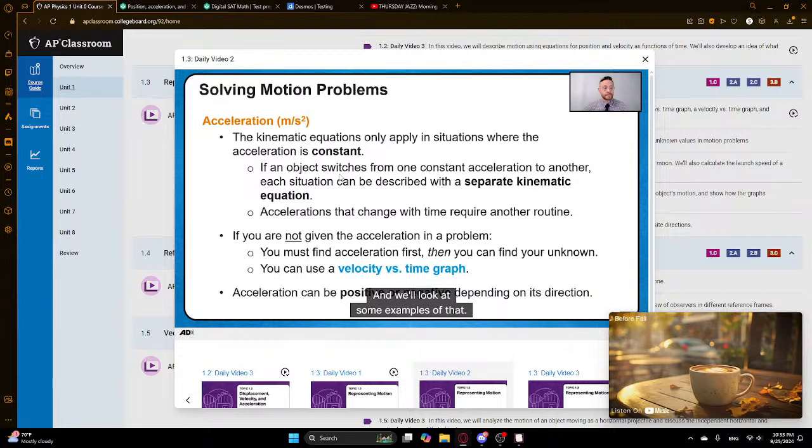If acceleration changes in a graph, a new equation has to be used.